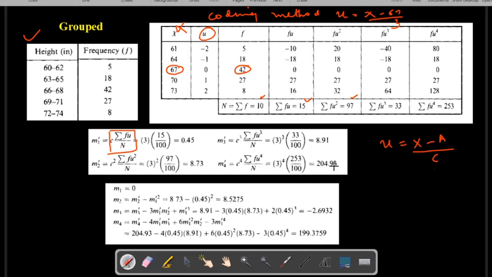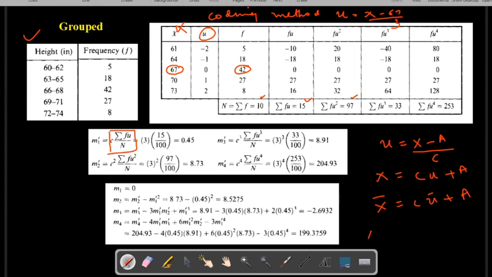So this is x is equal to cu plus a. So x bar is equal to cu bar plus a. Okay, so once you subtract this point, what will happen to your m1 dash? We have to find about origin, right?